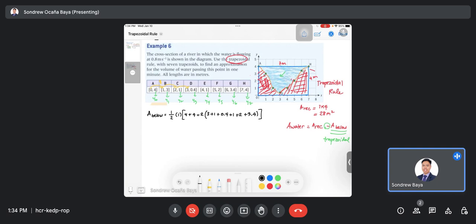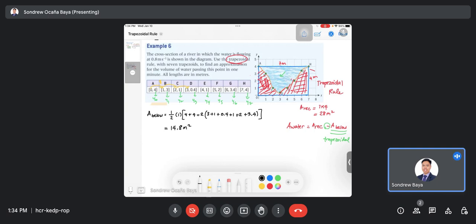Okay? Pause this video, go ahead and solve. Okay? This one, and eventually you can now play the video, equal to 14.8 meter squared. So this is now the area underneath the curve.